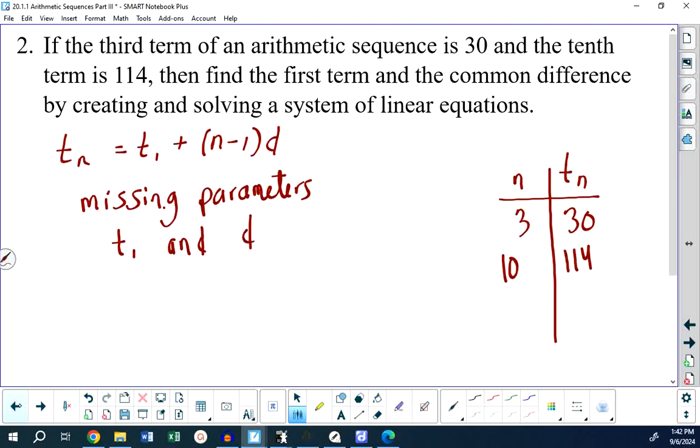and the common difference. And when I went over today's homework, I think it was number 9, I said, when you have a missing parameter, that phrase, missing parameter, tells you you need to load in a pair of variables. Something you're going to see again and again and again. Well, I'm going to load into this general equation at the top here a pair of variables.